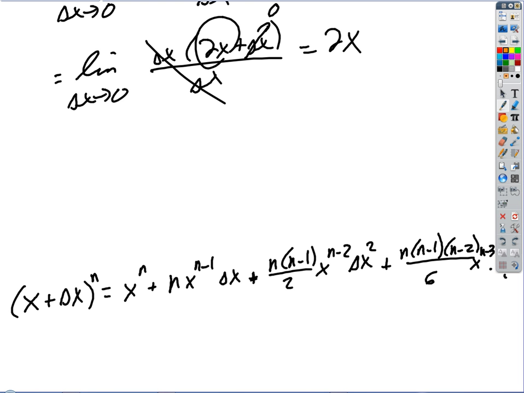Notice that if we look at the first two terms, we get x to the n, and then, sure enough, n times x to the n minus 1 times delta x to the 1, right? So the next highest power of x always has that coefficient of n. After that, it changes. But it turns out we don't really care about those other ones anyway, and we'll see why in a second.